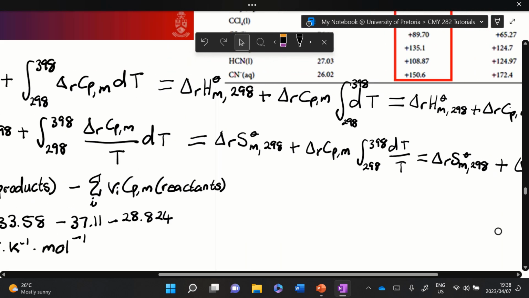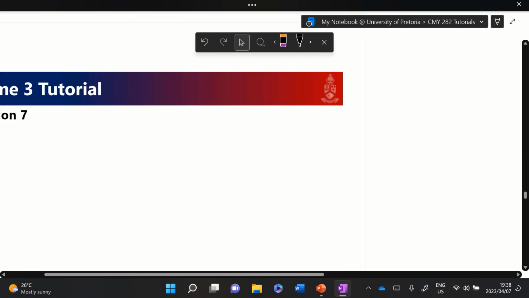Okay, so those are two equations and our unknowns.